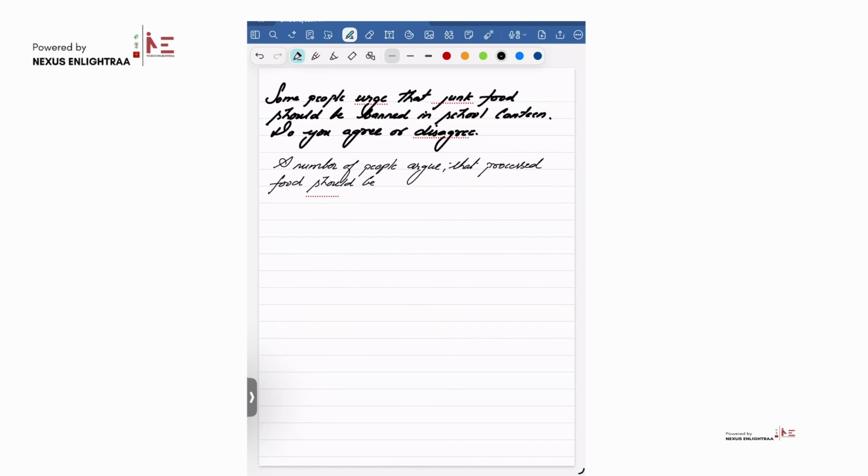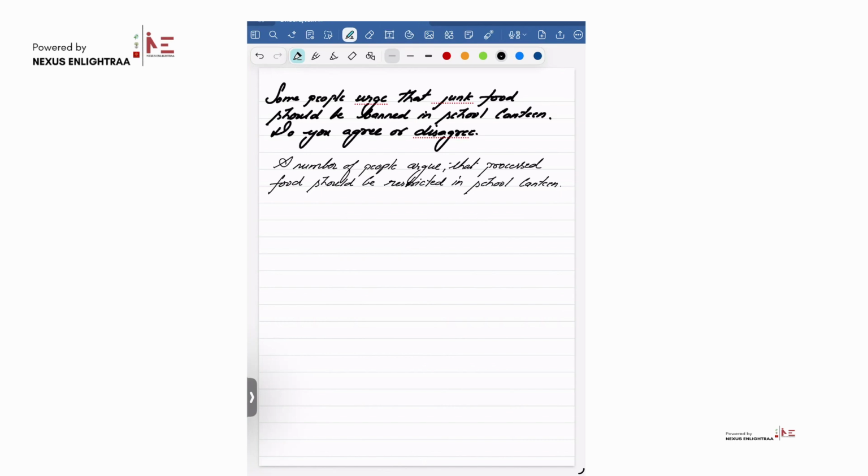Prohibited might not give exactly the same essence. We can say restricted. I would say should be restricted in school cafeterias. Let's keep it as canteen. Cafeterias can also do.